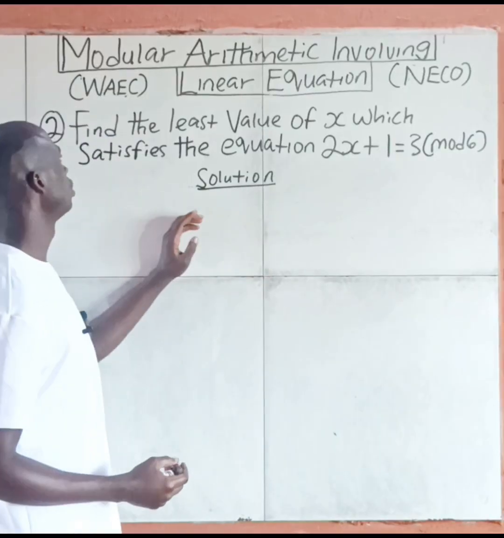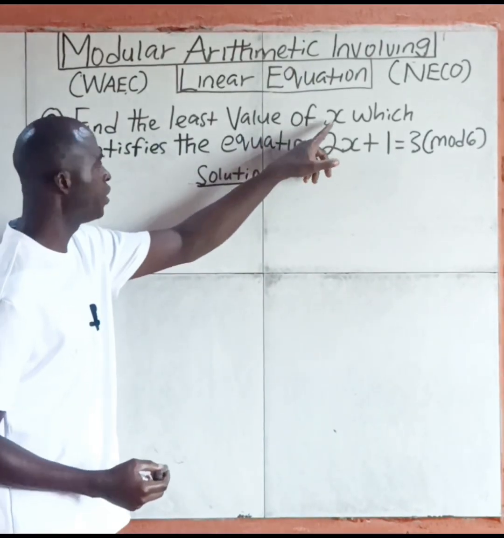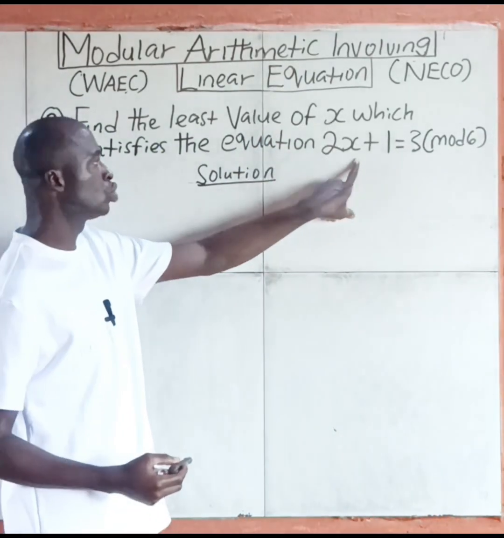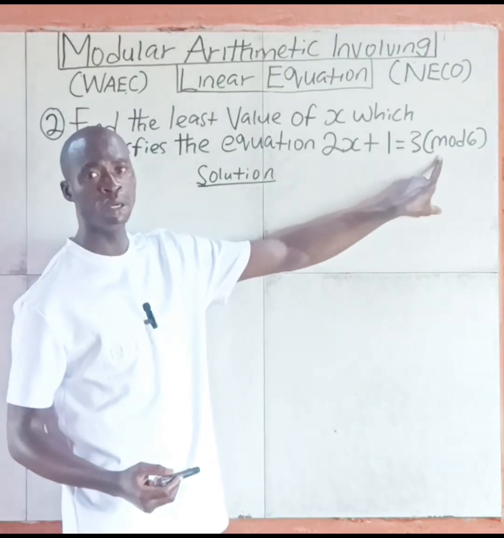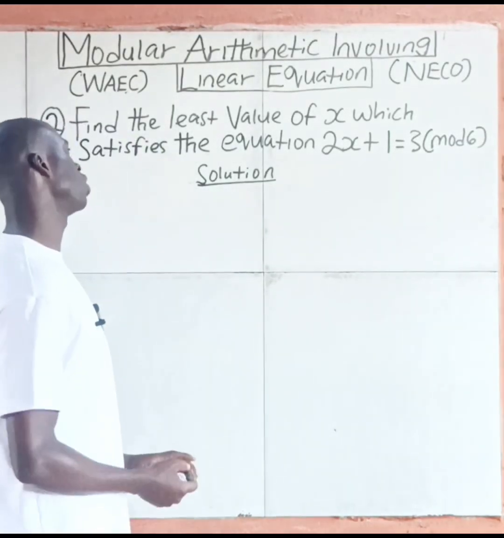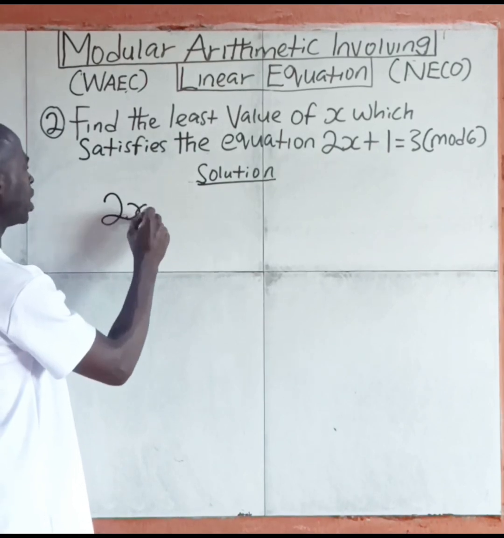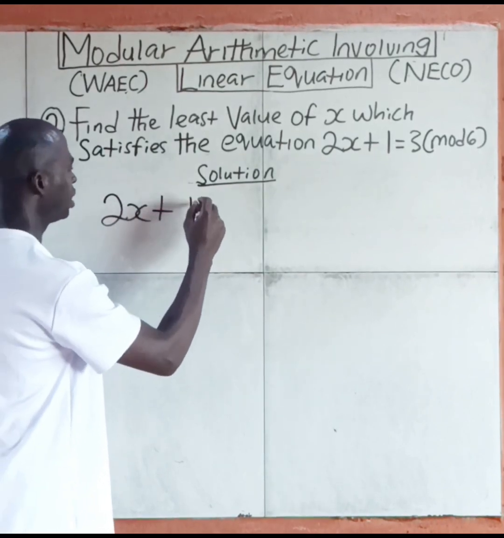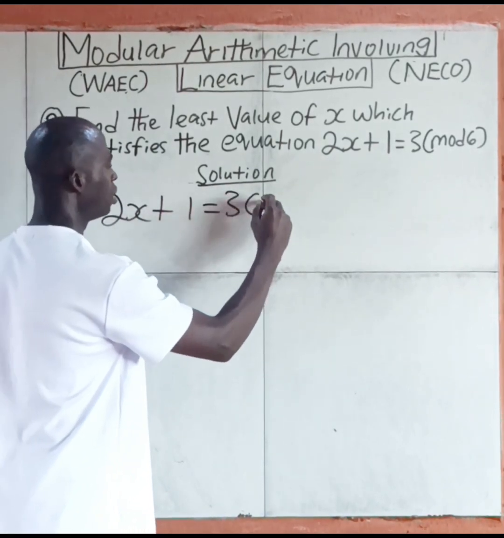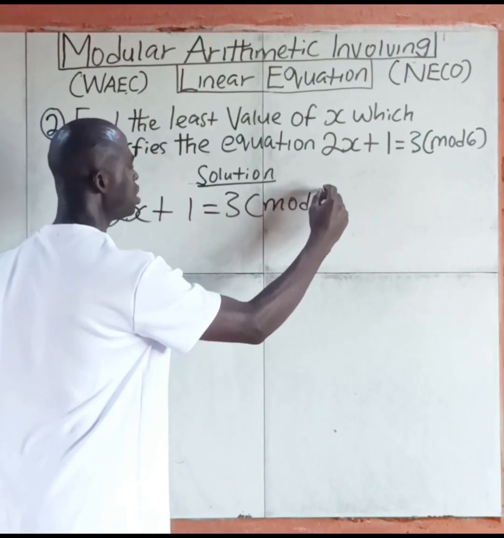For question 2, find the least value of x which satisfies the equation 2x plus 1 is equal to 3 mod 6. What we're simply going to do here is very simple. I'll write my question: 2x plus 1 is equal to 3 mod 6.